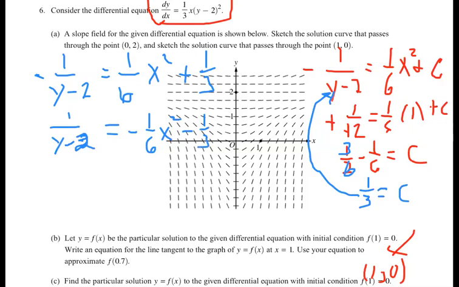And then I'm going to flip everything upside down. So I think I want to get a common denominator over here. I'm going to make this 2 over 6. So I'm going to rewrite this side over here as -x squared minus 2 all over 6. And I got y minus 2 here.